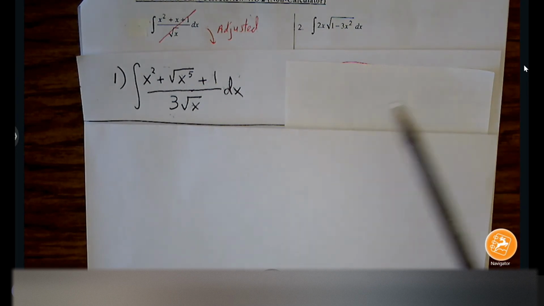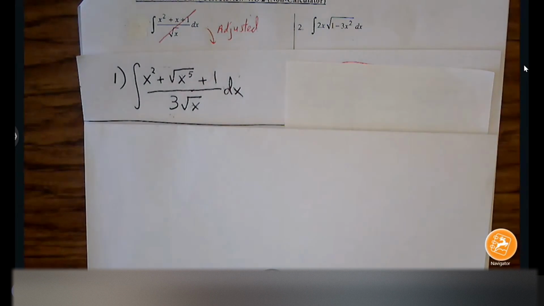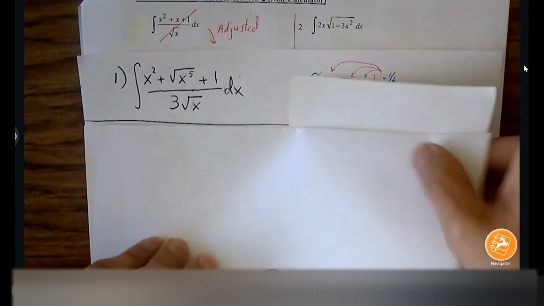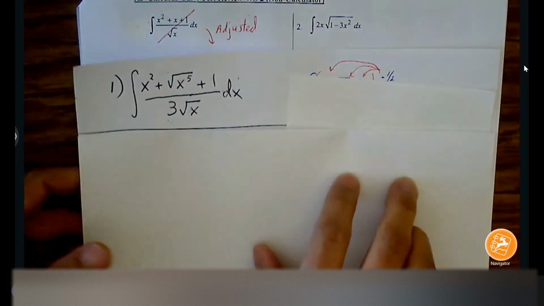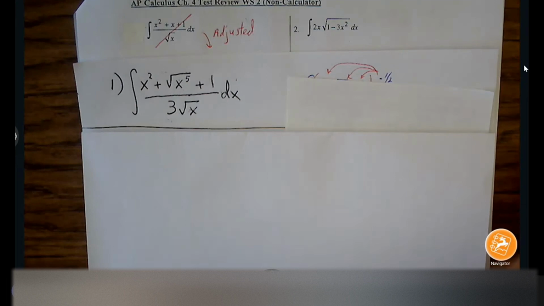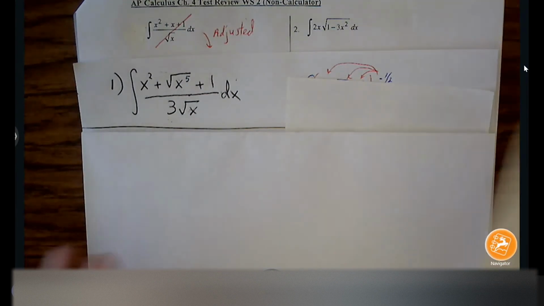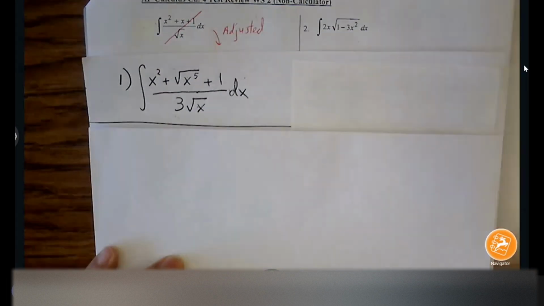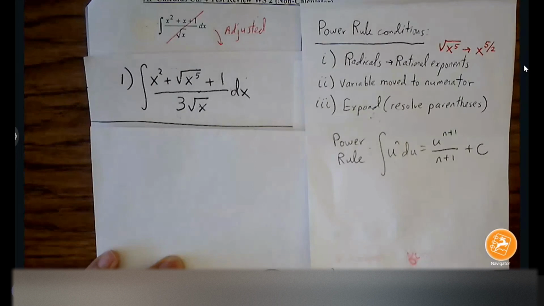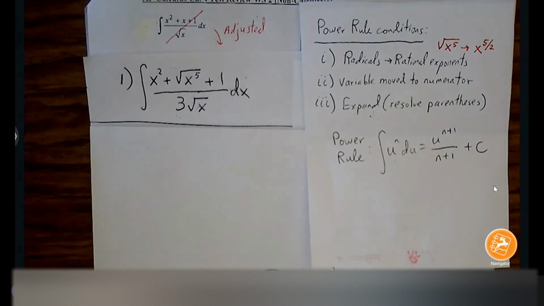Whenever we see an integral problem, we always want to ask ourselves, is this something that we can do just by expanding? Now, this was on the previous quiz, so really this was the only option that we had.